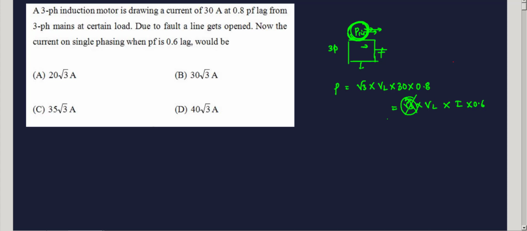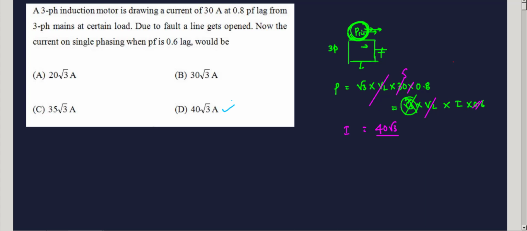This VL cancels. 0.6 5s, 5 8s 40. That equals 40 into root 3. Current equals 40 into root 3 is the answer.